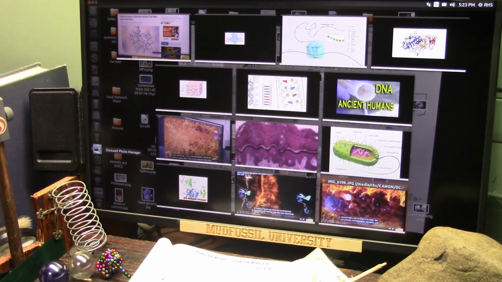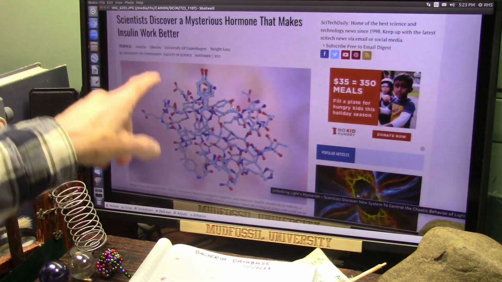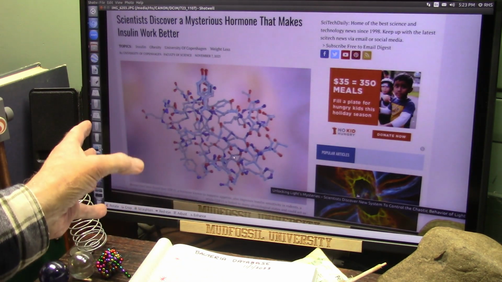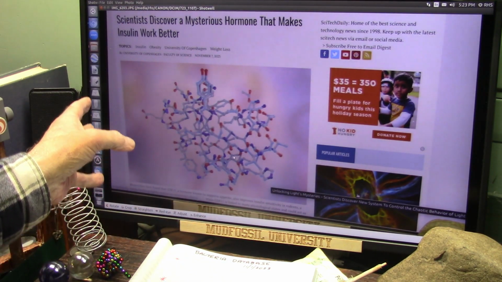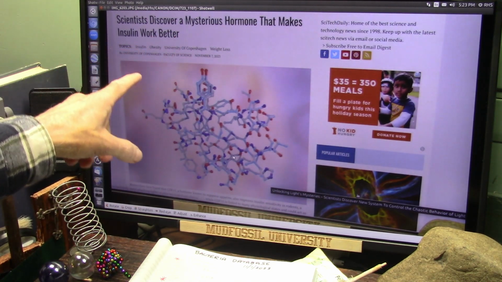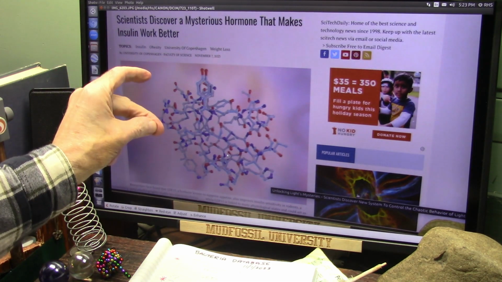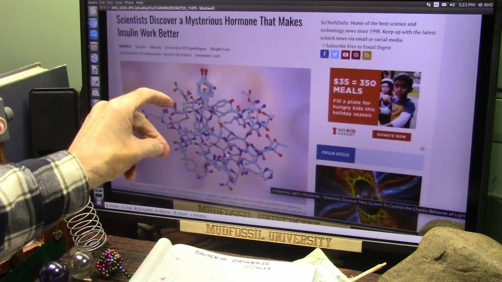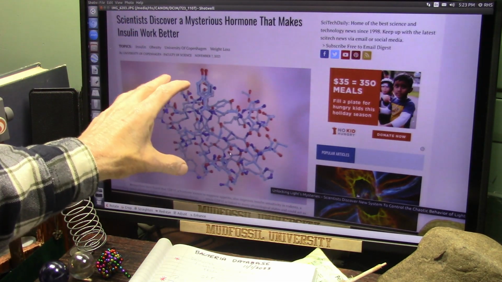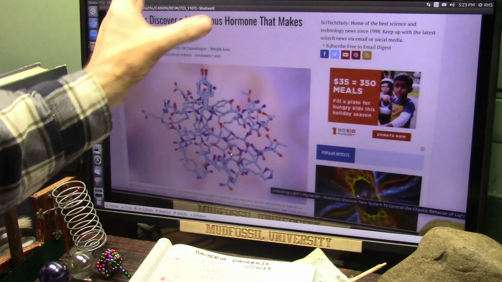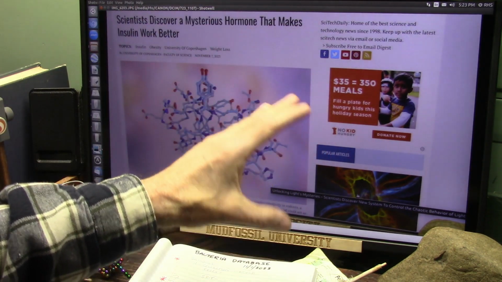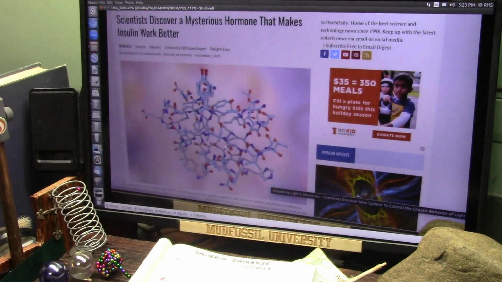But I do have enough answers that these are things right here. You see this? This is a hormone. This is almost identical to an enzyme, and it makes insulin work better. Why would that make insulin work better? It's some kind of catalyst or investigator that goes out and says, whoa, we've got a problem over here. Go tell a certain type of enzyme to turn on, bacteria to turn on and make an enzyme.